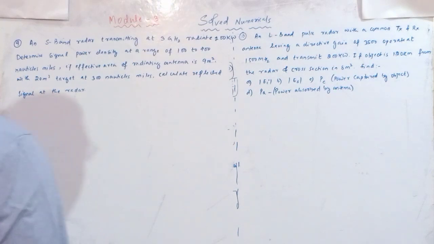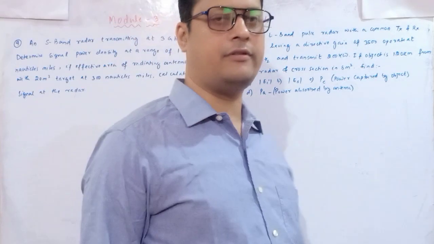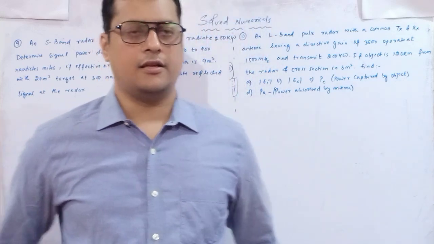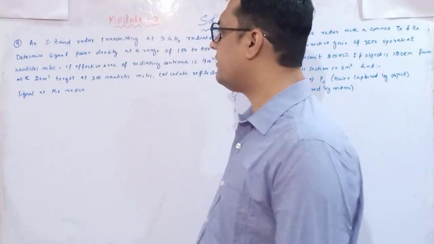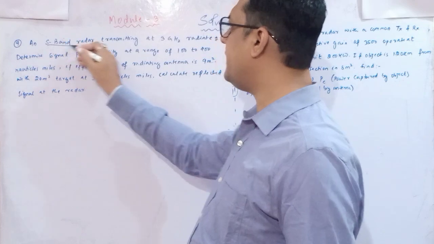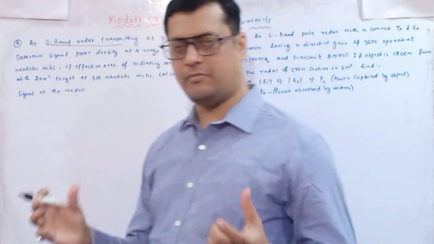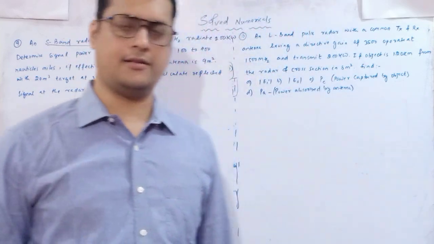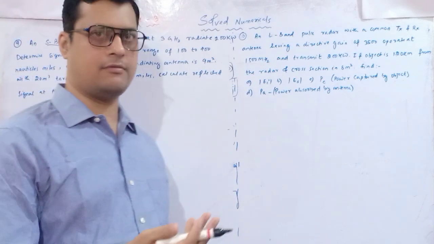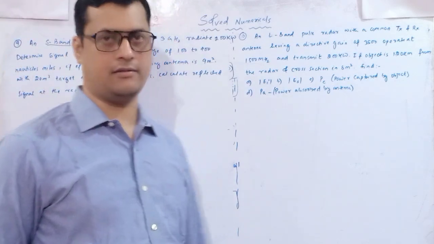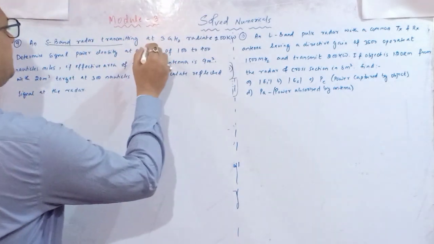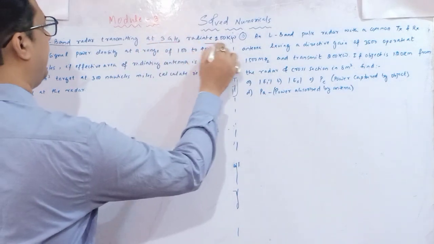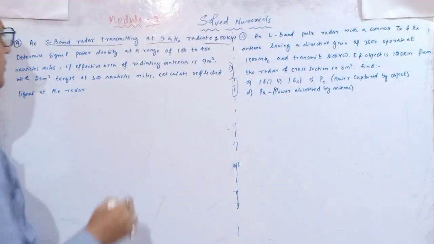Okay. So these are the two last numericals which we are going to discuss today. So here you can see an S-band radar. Okay, it is an S-band radar. This radar will transmit as well as receive with the same antenna. Transmitting at 3 gigahertz, it radiates 200 kilowatt of power.